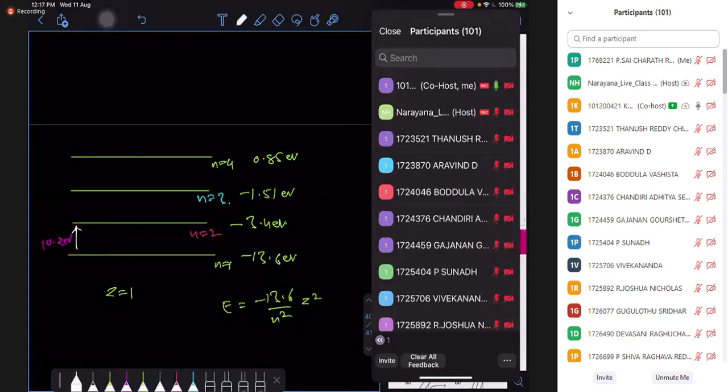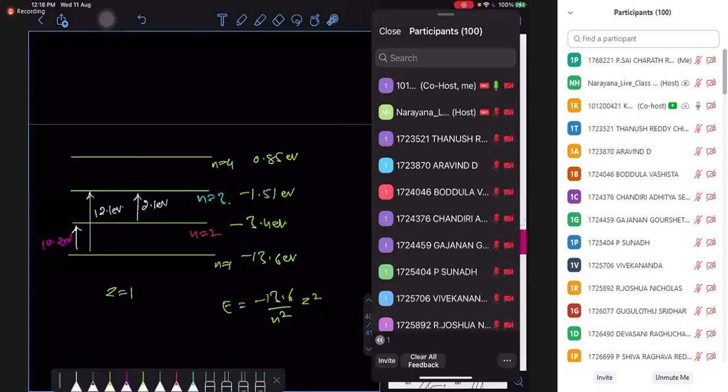Next, this gap is also important to remember: it is 12.1. So in between these two, it is 2.1. The next gap, if you want to remember it, it is not compulsory, is 13.6 minus 0.85, which is 12.75.